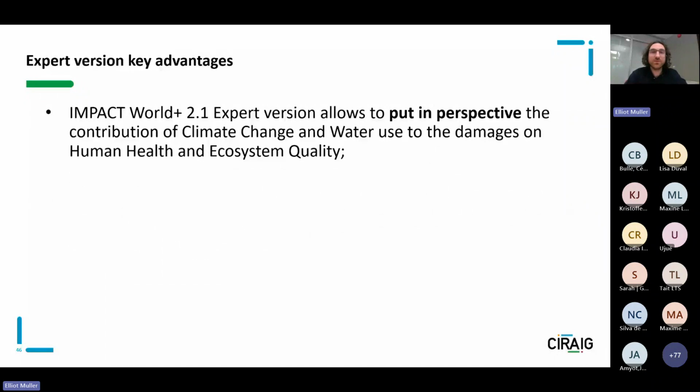Also, it allows the user to put in perspective the contribution of all the damage level indicators to the area of protection, but also more specifically the contribution of climate change and water use to the damages on human health and ecosystem quality, and also to compare those different indicators with one another, because once again they're using the same unit at the damage level.